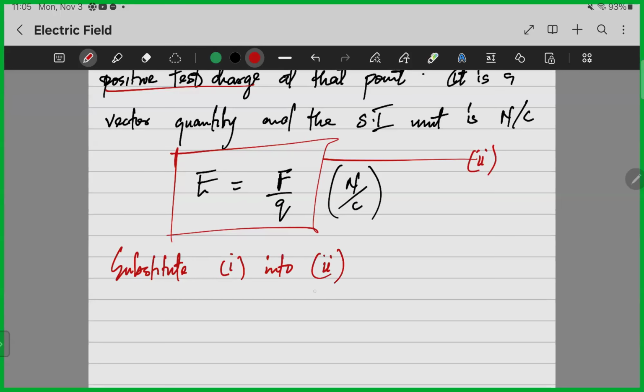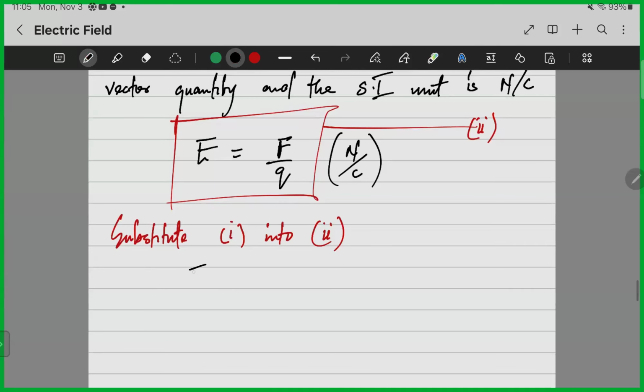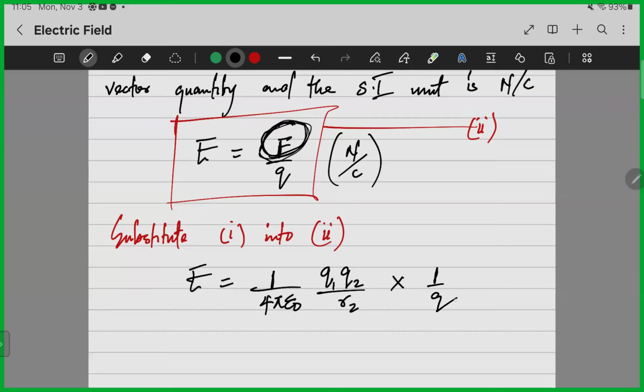Now we have E equal to, putting that value for F, since Roman figure 1 contains F, 1 over 4 pi epsilon naught Q1 Q2 over R squared, times 1 over Q. This 1 over Q is the one that was here before, but this entire part is force.